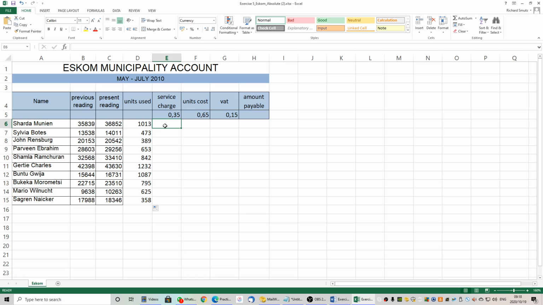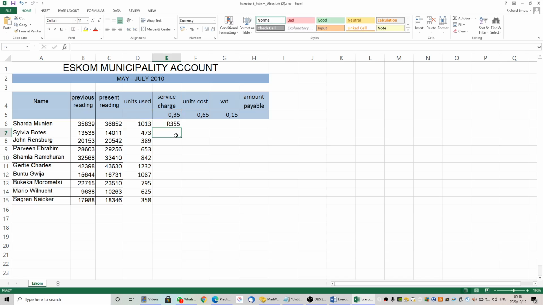If you use relative cell referencing on the next task, it is not going to work. And let me show you. I'm going to do it the incorrect way. So the service charge equals the units used, if you read the instructions, multiplied by the service charge. My service charge is sitting in one area there in cell E5.